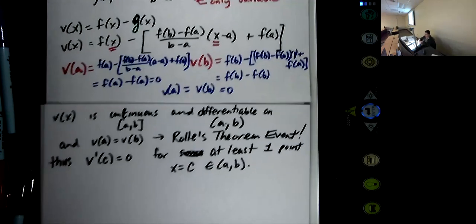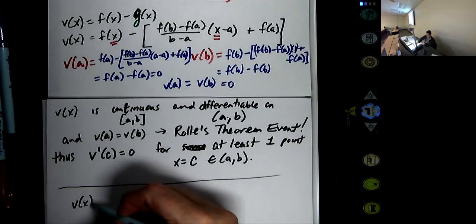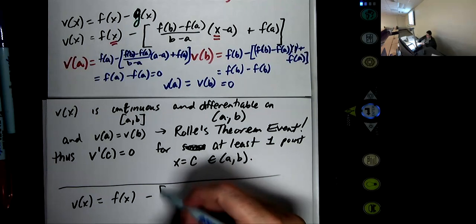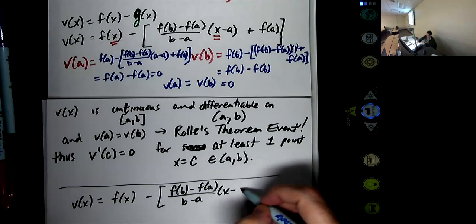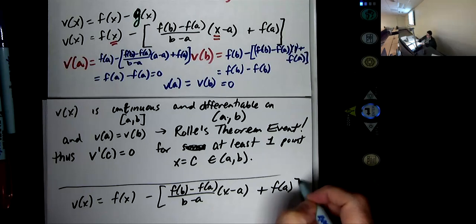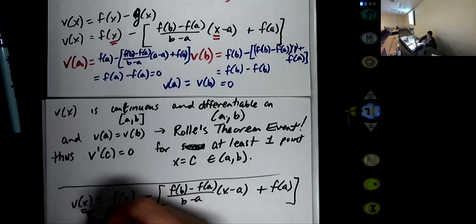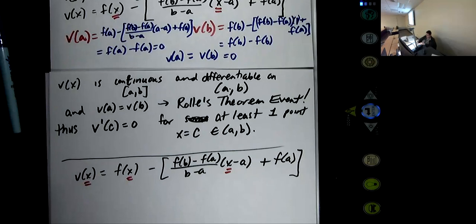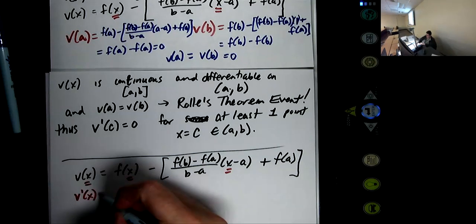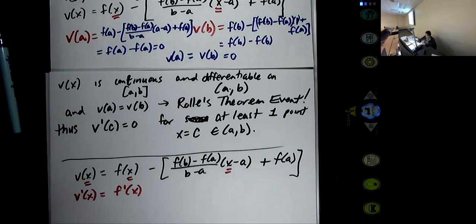So what is V prime? We had V of x equals f of x minus f of b minus f of a over b minus a times x minus a plus f of a. And the only x's we have here are there, there, and there. So when I take the derivative, V prime of x has to equal f prime of x. And what's the derivative of x minus a?